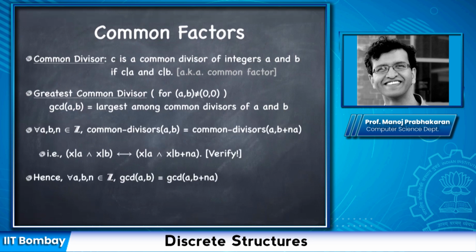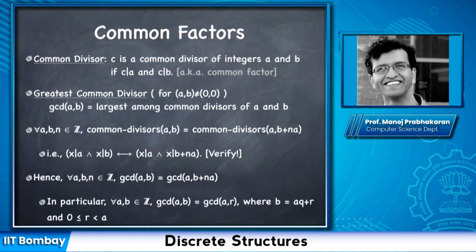And in particular, since the common divisors themselves are the same, the GCD of A and B is the same as GCD of A and B plus NA. N could be negative also. And in particular, we'll see that GCD of two numbers A and B is the same as GCD of A and R, where R is the remainder of B when divided by A. If you write B as AQ plus R, R is just B minus AQ.